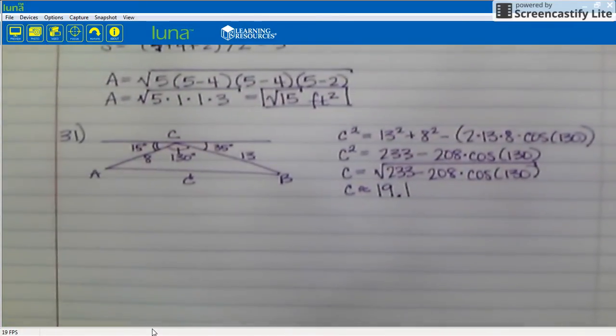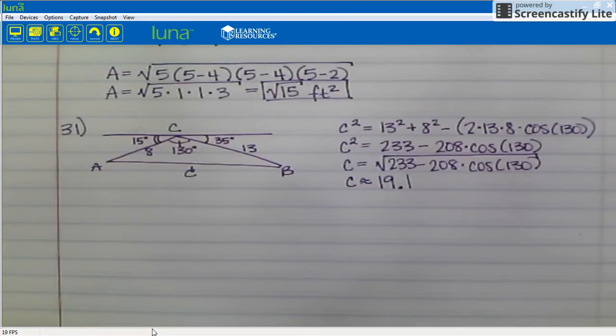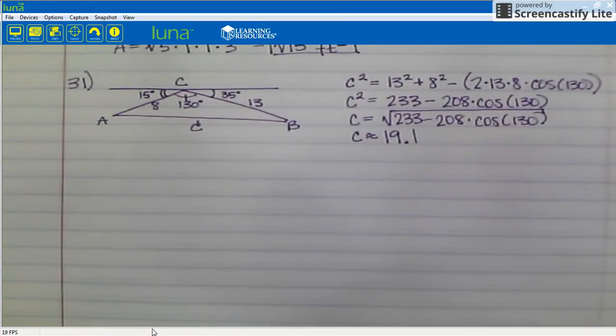And then from here, I'm going to use the law of sines to solve for my missing angles.